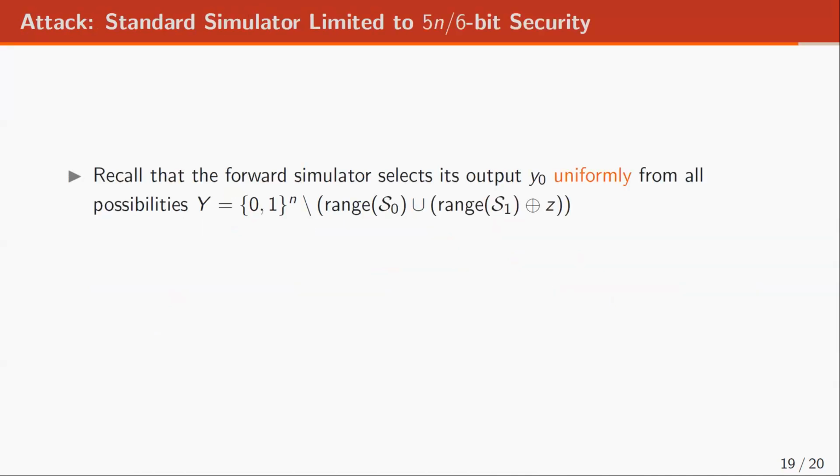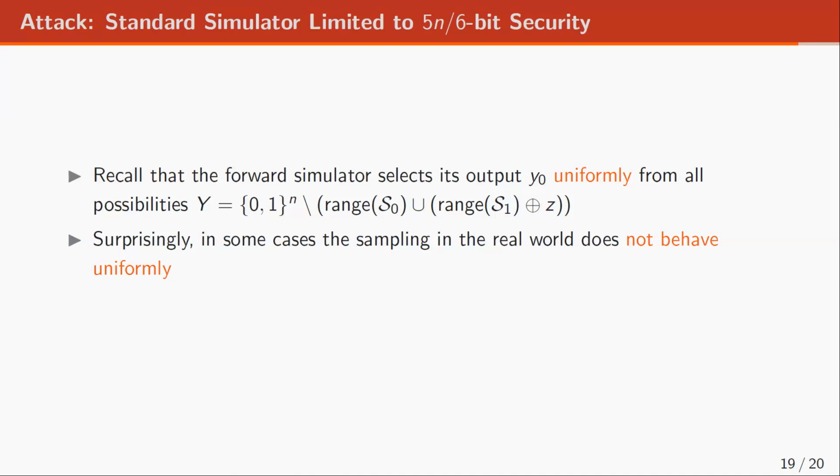And then we have the final result, which I think is quite interesting. That is the attack on the standard simulator. Recall that the Ford simulator, at some point, had a set of all possibilities y, and it drew y0 uniformly from this set, because it looks like we shouldn't have a reason to prefer one value over another.